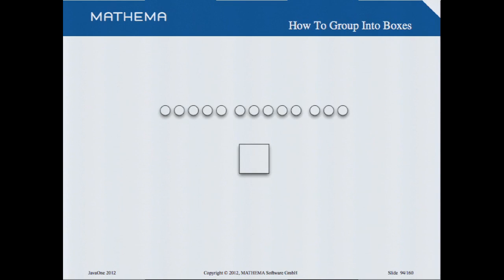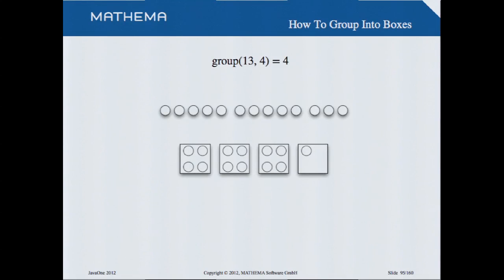Another thing is, if you have, for example, 13 elements and you want to put them in boxes with each 4 elements, then you simply call group. And the group gives you the division, but rounds towards plus infinity. So you know that you need 4 boxes.